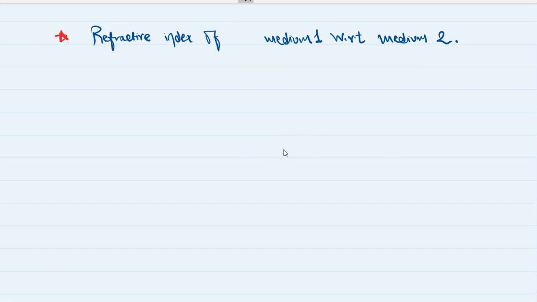Okay, now let's not talk about air for a moment. Let's not talk about absolute refractive index for a moment. Let's now talk about refractive index of two transparent media other than air. So what do you mean by refractive index of glass with respect to water?